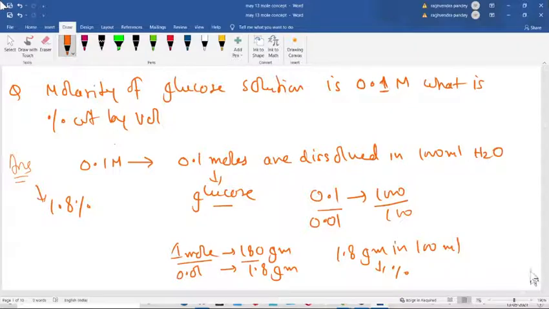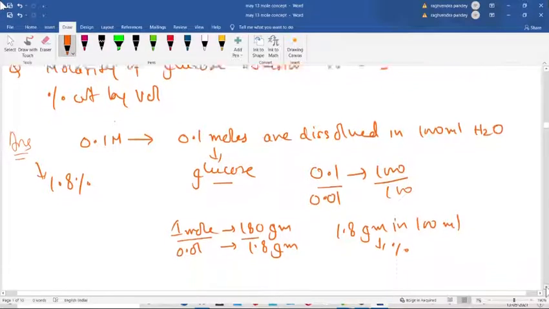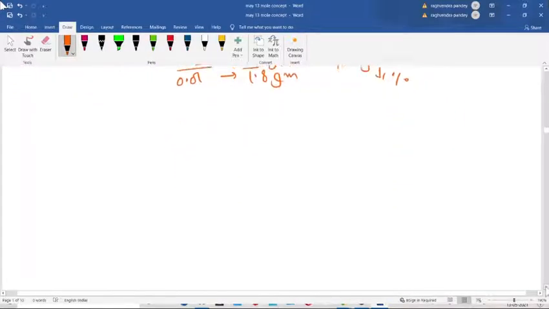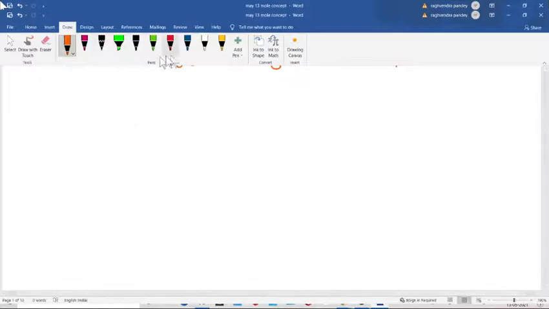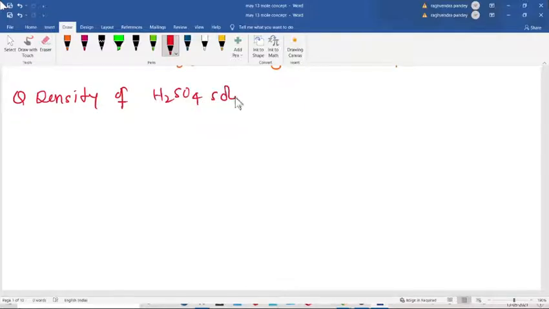Okay, let's take another question. The density of H2SO4 solution in water is 2 gram per ml.